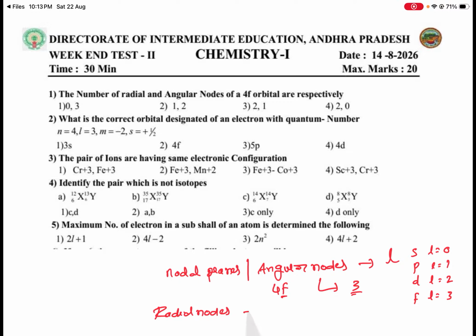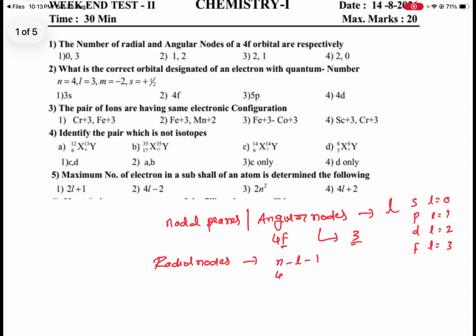For the calculation, radial nodes equal n minus L minus 1, where n is the principal quantum number and L is the azimuthal quantum number. For 4f orbital, n is equal to 4 and L is equal to 3, so 4 minus 3 minus 1, which is equal to 0. Here radial nodes are 0 and angular nodes are 3. So option 1 is the correct one.